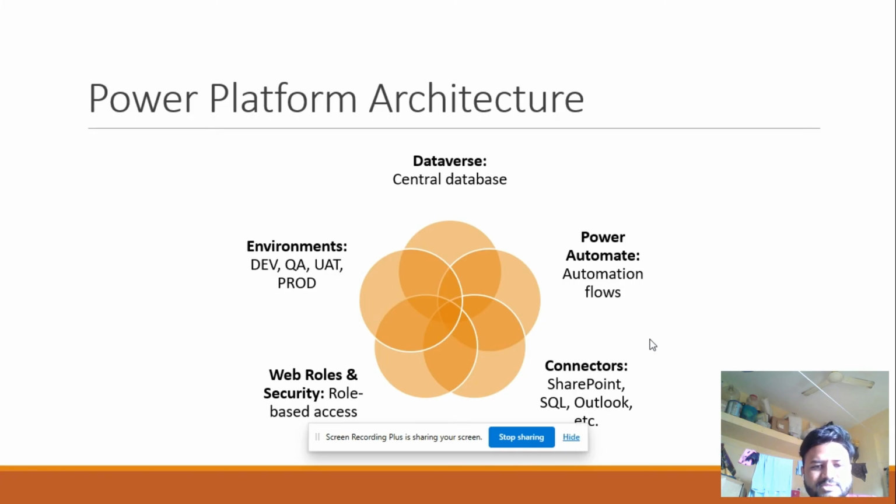Then web roles and security, the user-based roles, such as regular user and manager level. And there are four environments: dev, QA, UAT, and prod. That is the overall concept of the Power Platform architecture.